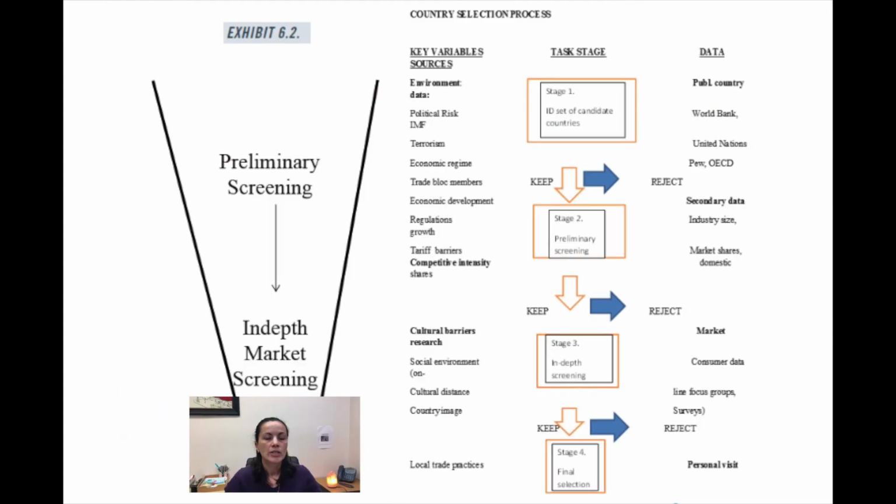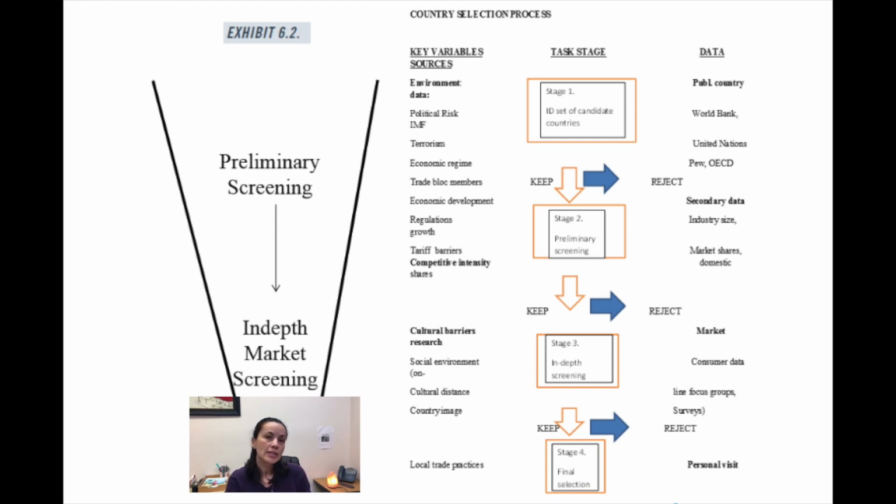We're going to start with broad terms. As you can see in the figure, we start with the major overview of a country, and then narrow it down to more specific information that we need to collect in order to realize whether it's a good idea or not to go into that place.